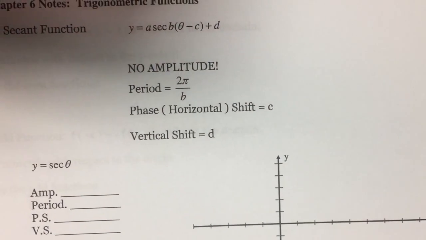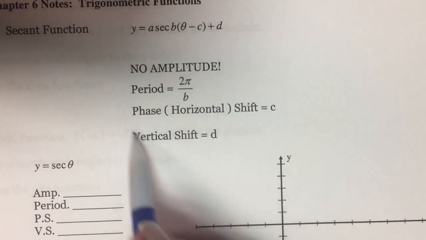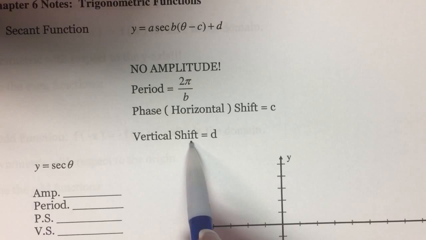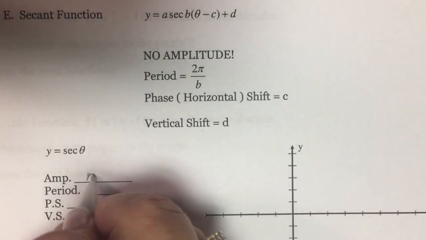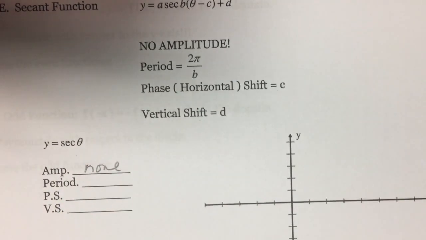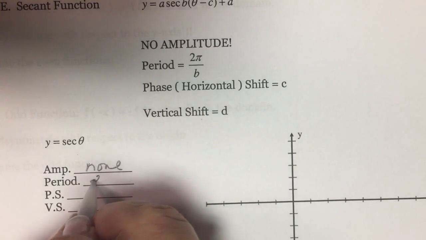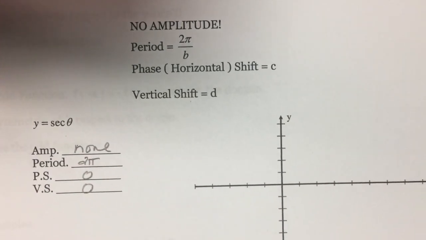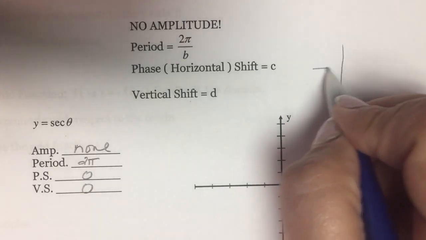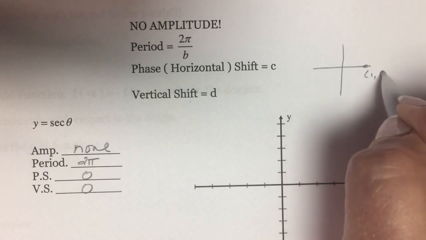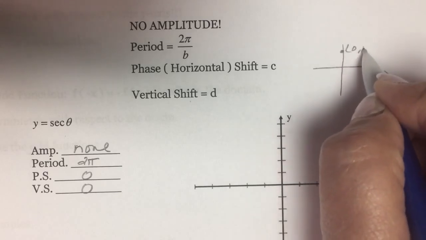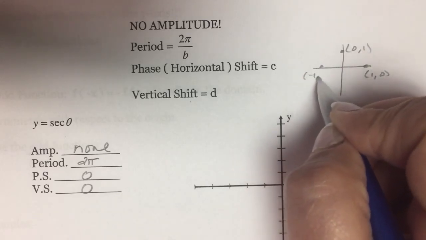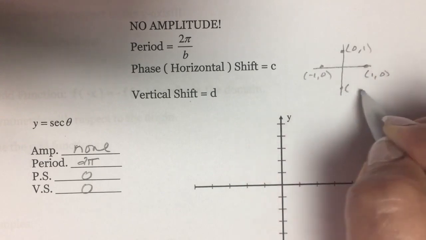Speaking of the secant function, here we go. So I'm not going to repeat that again. No amplitude. Period is 2 pi over 1, or 2 pi, and there's a 0 phase and vertical shift. Okay, I'm going to draw that little. Again, if it helps you to draw this, you can go ahead. So these are just your quadrantals.